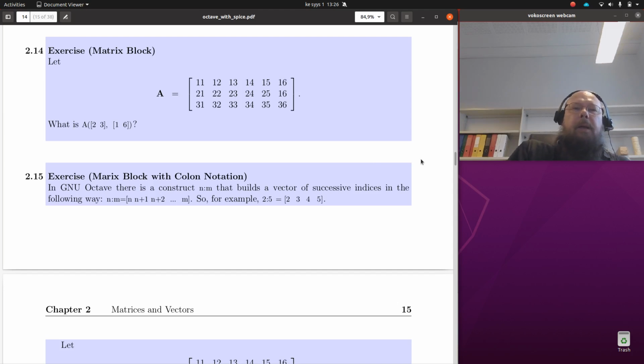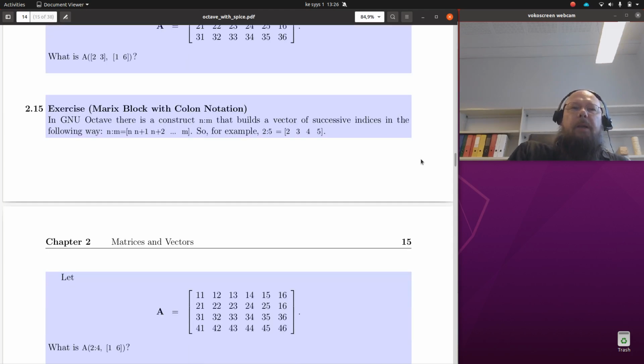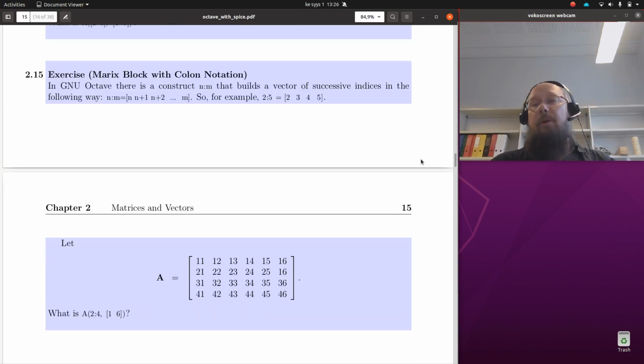Then there is exercise 2.15. Here is a new construct for us. We have already seen the colon notation in one way, where the colon says that something runs free. As with the semicolon, the colon also has two different meanings in Octave. The first one we've seen runs free, corresponding to the bullet notation in mathematical formulas.